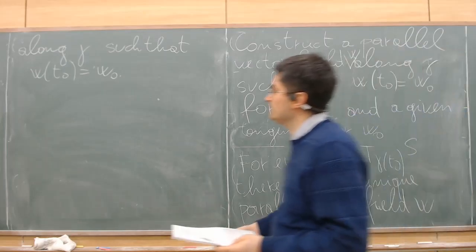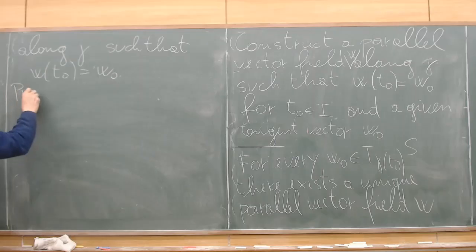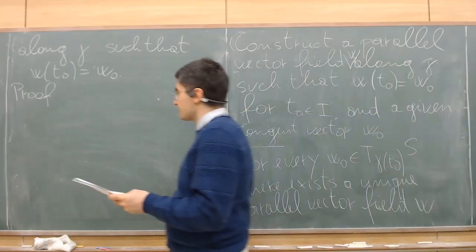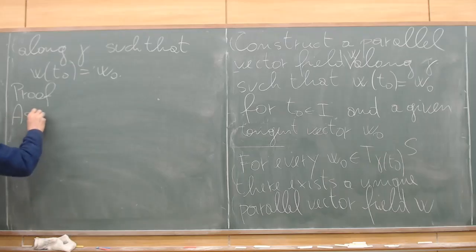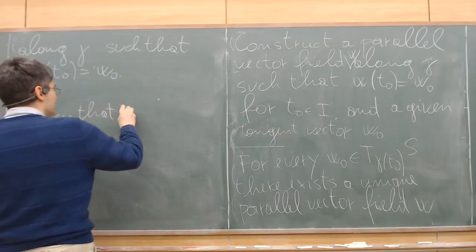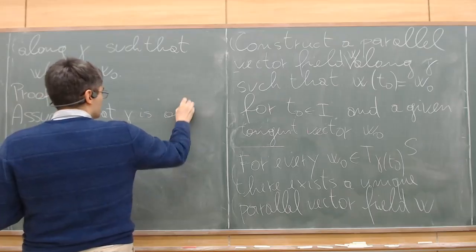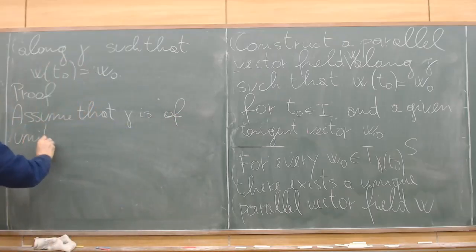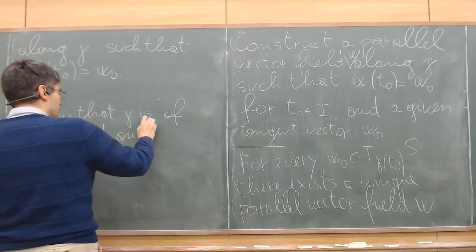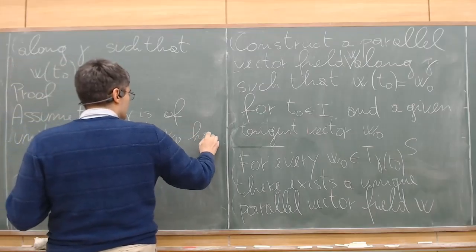How to prove this result? Okay, let's assume that gamma is of unit speed and W0 has unit length.